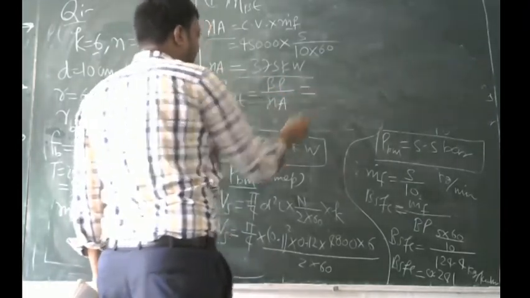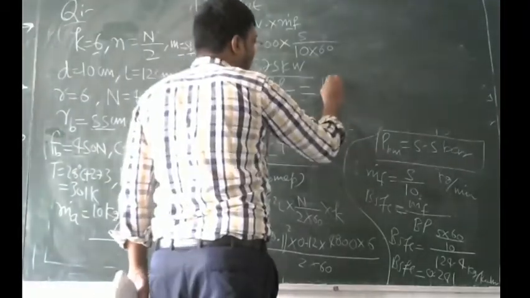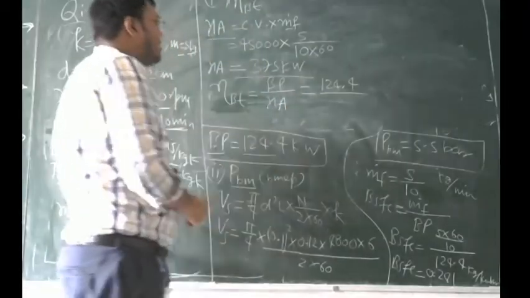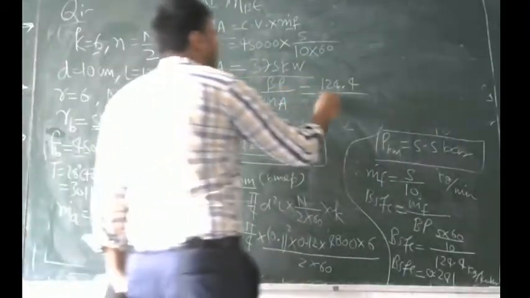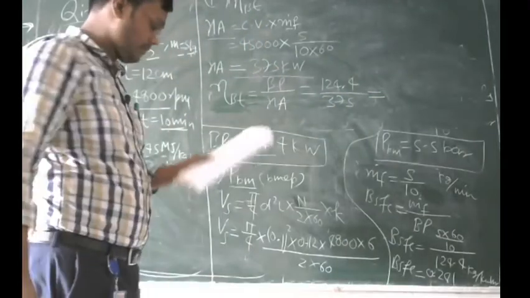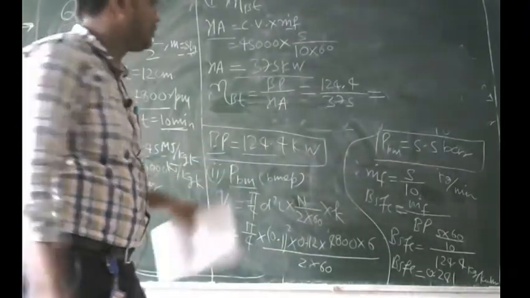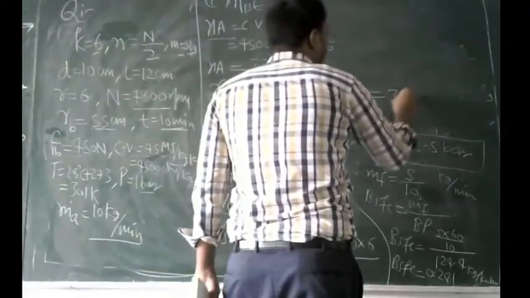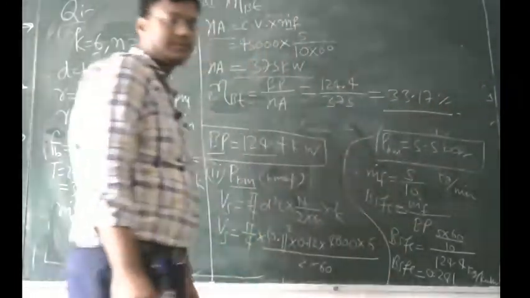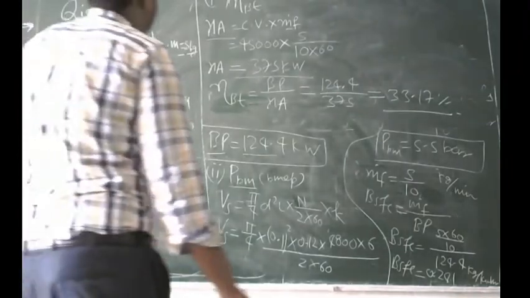Brake power is 124.4, divided by the heat addition 375. It comes out equal to 33.17%. In this way we can calculate the brake thermal efficiency.